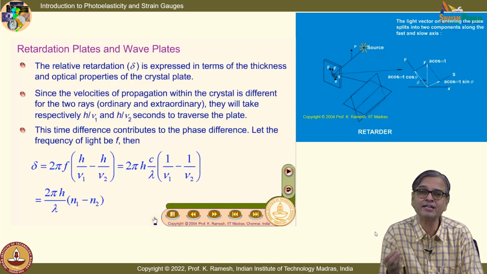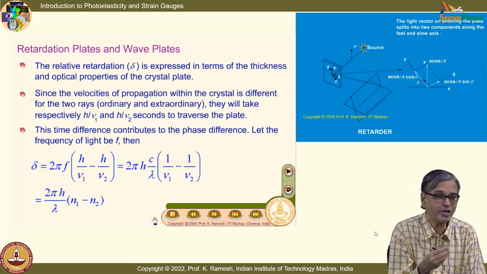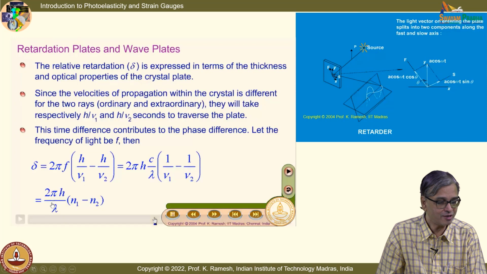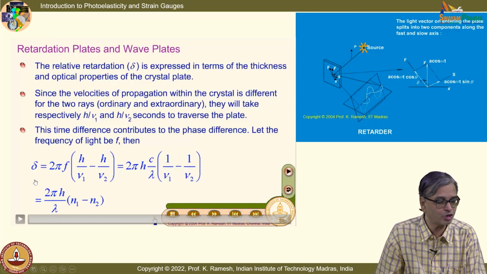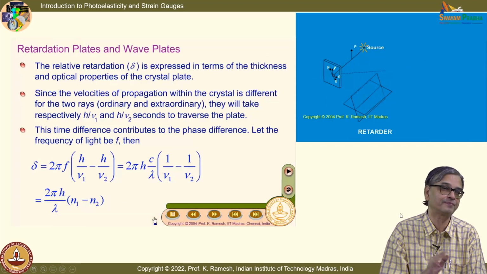Only in the early 20th century did the method get stabilized. Fine. And people have exploited this property, and you are able to relate the retardation to the difference of the refractive indices of the ordinary and extraordinary rays, n1 minus n2.